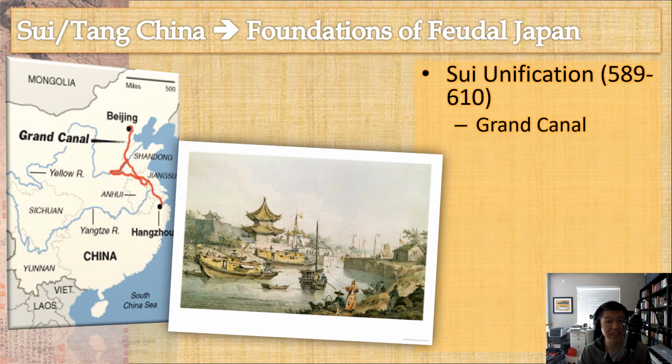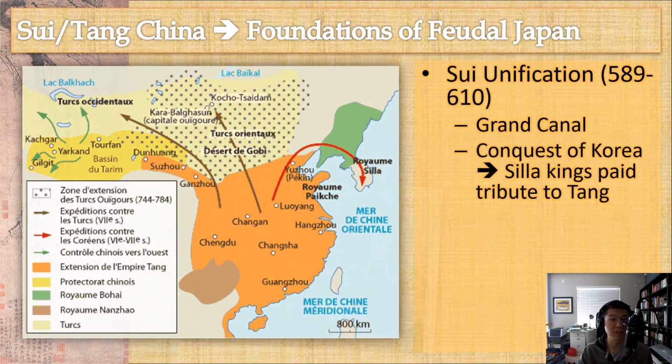One is to be able to connect the north and the south together through the reinstitution of the Grand Canal, particularly connecting both the Yellow River in the north and the Yangtze River in the south.